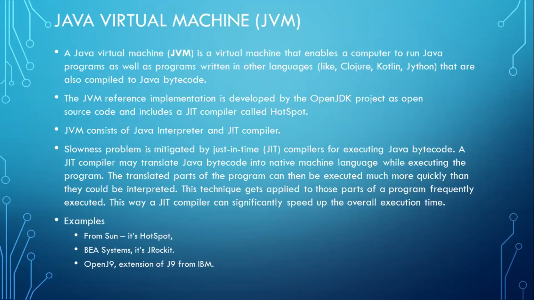It enables your computer to run Java programs as well as programs written in other languages. So please pay attention: the JVM is not only meant for Java programs to run. There are various other languages like Clojure, Kotlin, and Jython. Jython is nothing but a Java version of Python. These are JVM-based languages. They were built keeping in mind that they will run in a two-step process.